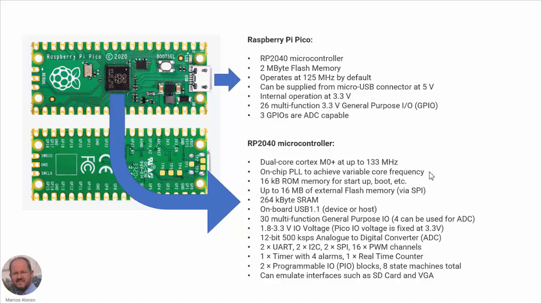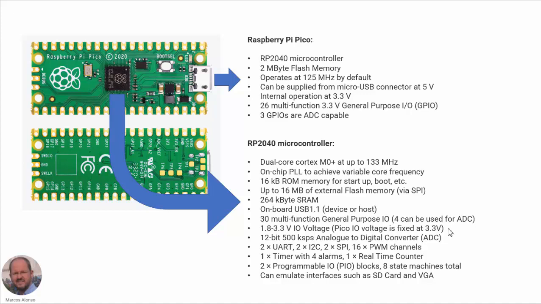It has an on-chip PLL that can achieve variable core frequency, 16 KB of ROM memory for startup, boot, etc., up to 16 MB of external flash memory driven via SPI, 264 KB of static RAM. It provides also an onboard USB 1.1 that can operate as a device or as host, a total of 30 multifunction general purpose input outputs. 4 of them can be used for ADC conversion.